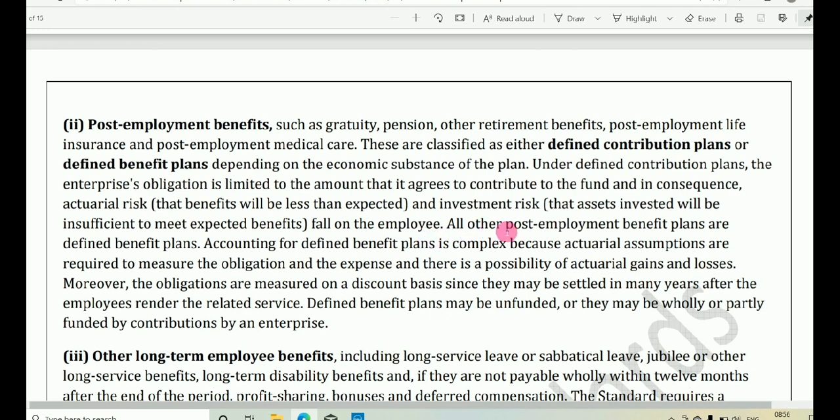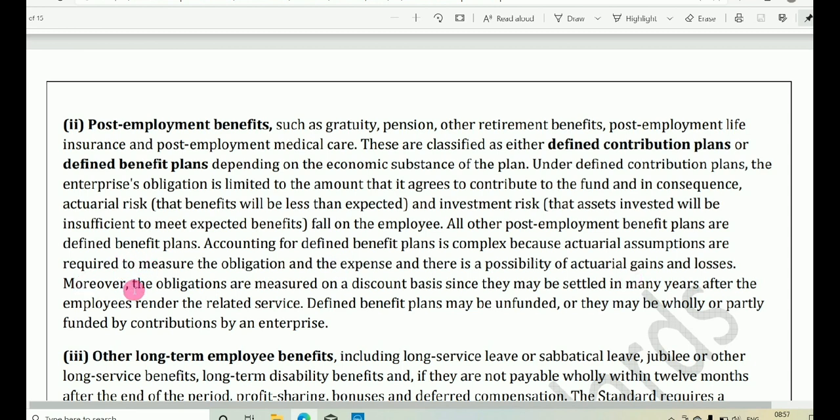All other post-employment benefit plans are defined benefit plans. Accounting for defined benefit plans is complex because actuarial assumptions are required to measure the obligation and the expense, and there is a possibility of actuarial gains and losses.